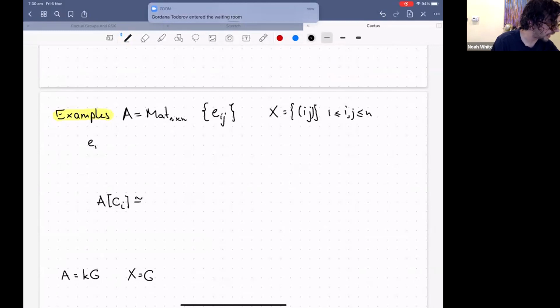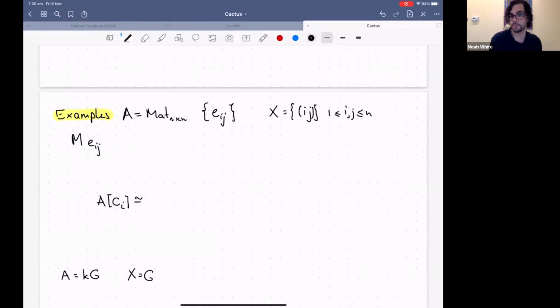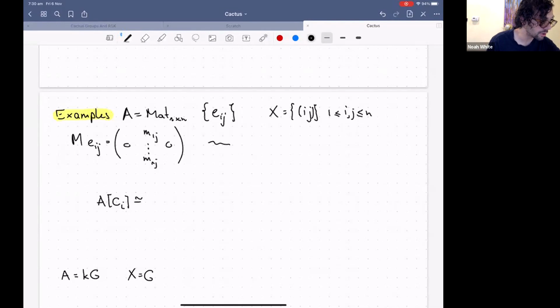We want to look at a matrix unit, and another matrix, multiply it on the left and see what we get. Well, we get basically the zero matrix plus the jth column of M. This tells you that the only things that are going to appear are matrix units in the same column.